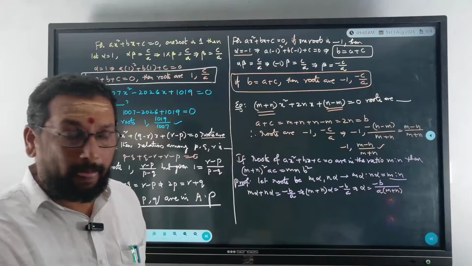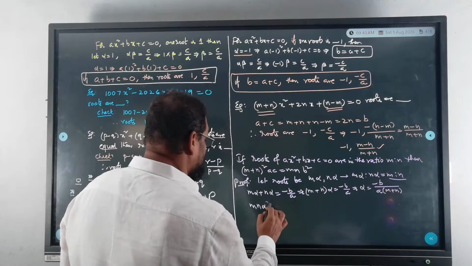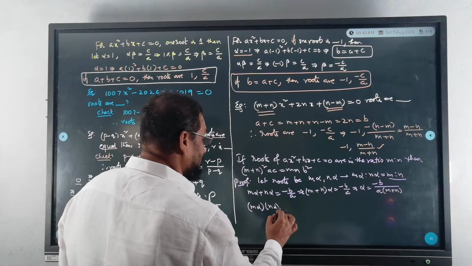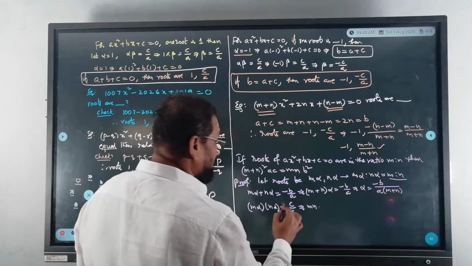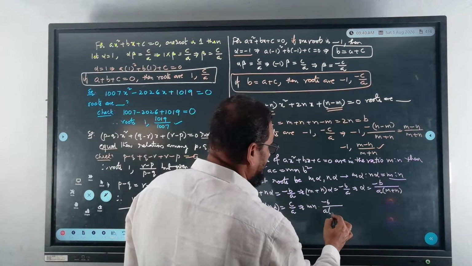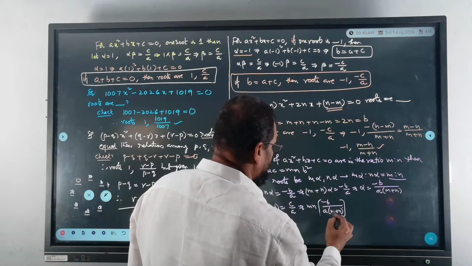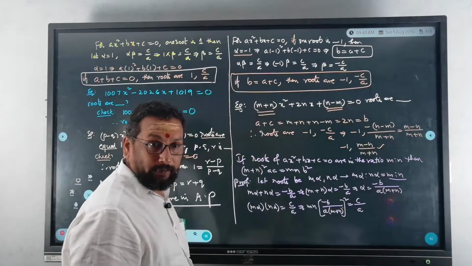Now the product of roots, m alpha into n alpha, is equal to c by a. So mn into alpha square, where alpha is minus b by a into m plus n, whole square, is equal to c by a.